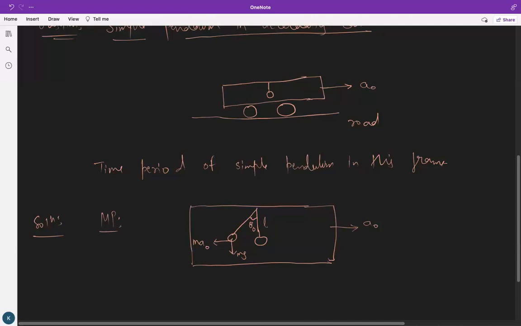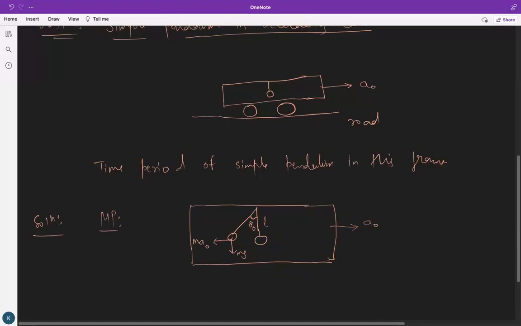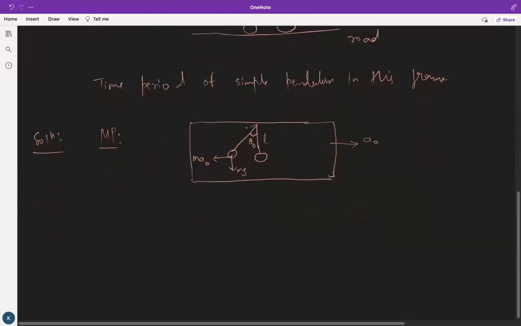So I am assuming that at some theta equal to theta naught, the net torque on this system is 0, and this whole system has an angular amplitude of theta. So we are assuming that.